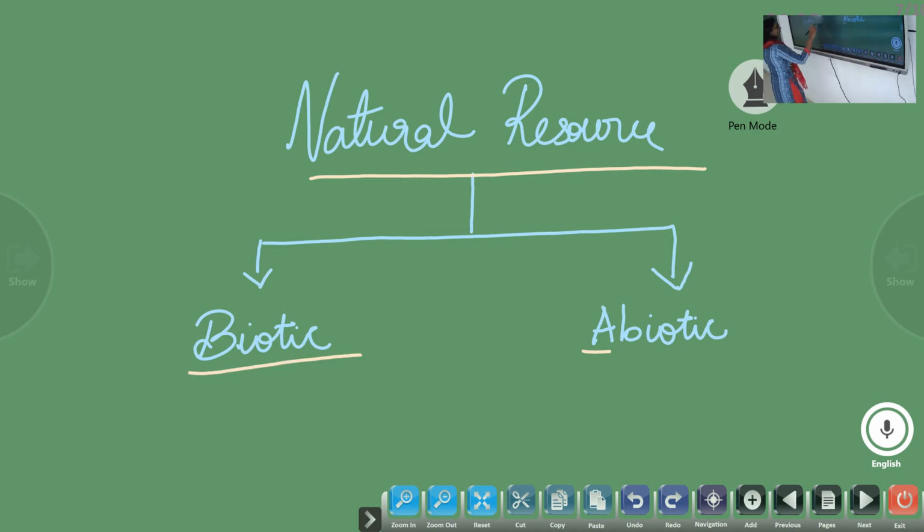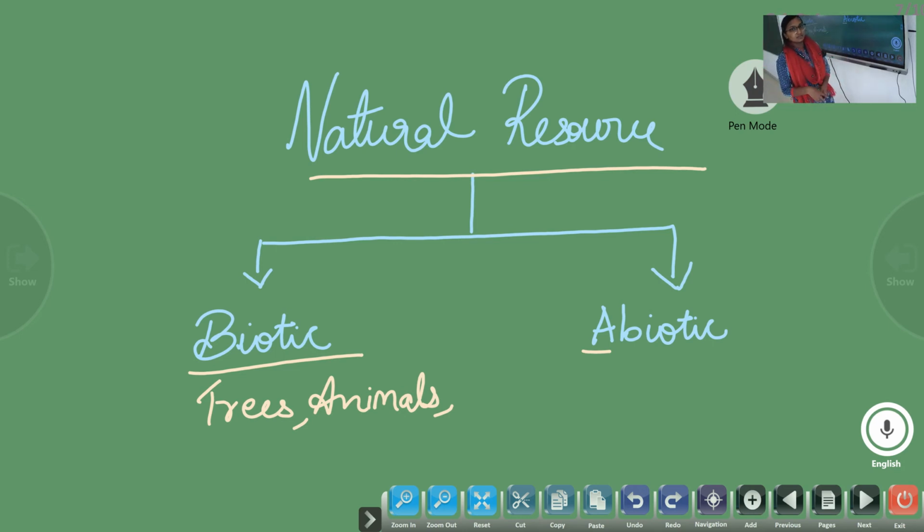So examples for biotic from the natural resource are trees, then animals, humans. We are also a natural resource, but we are a separate human entity, so all humans are biotic.